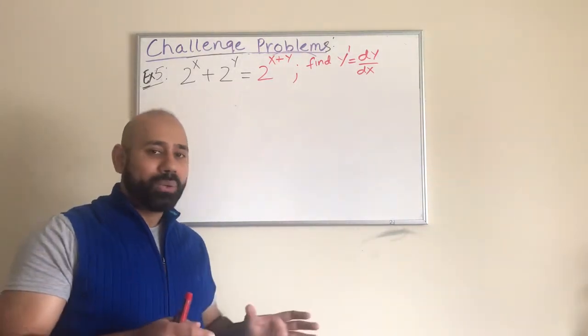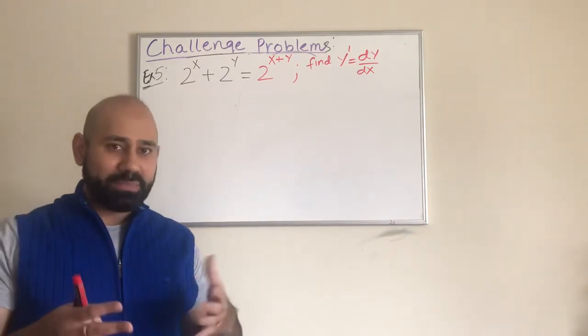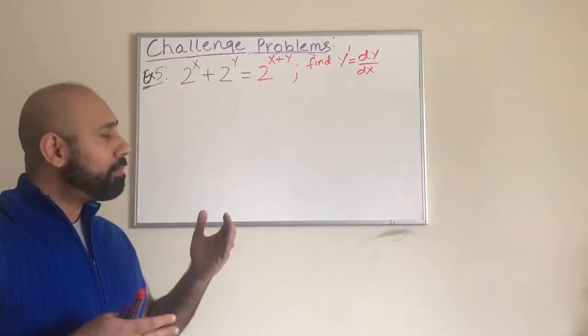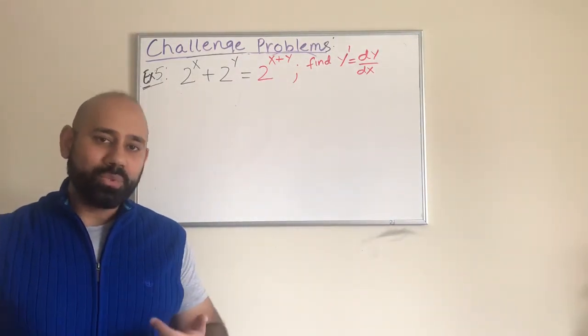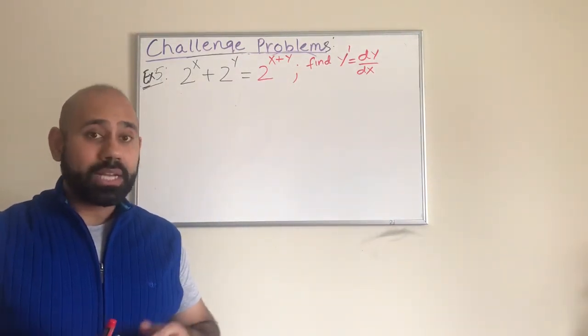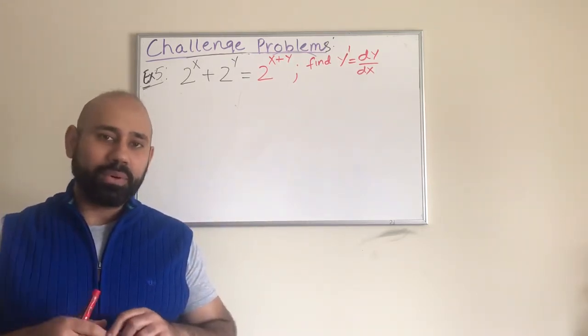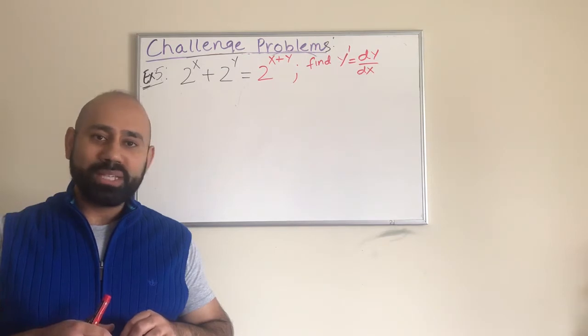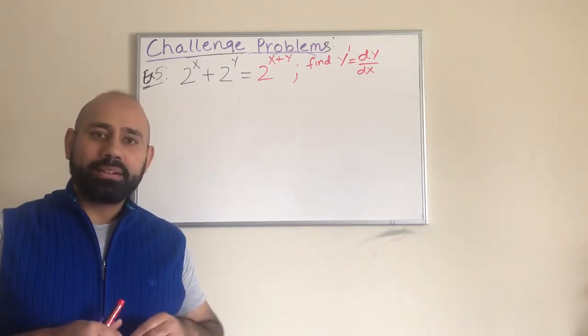Guys, before I start doing it, when I found this problem, it was again a challenge problem, but it was on a multiple choice test, so it had 4 options and we had to choose one out of those options. When I did this problem and got my final answer, I looked at the 4 options and I could not see the one that I got. Then I went back and rechecked my work.